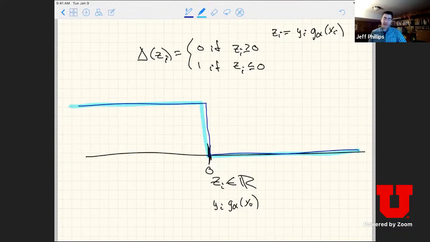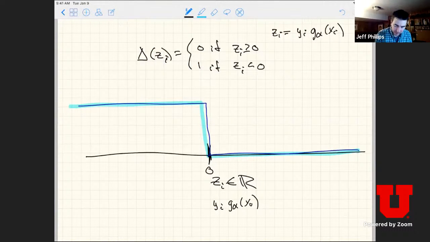If it's less than 0, I get a cost of 1. If it's greater than 0, I get a cost of 0. That's great. So this is my counting function, for a particular point.